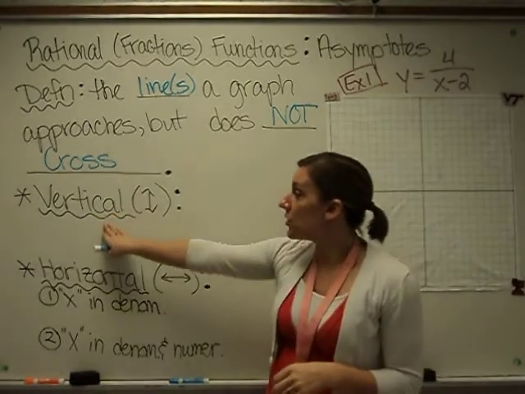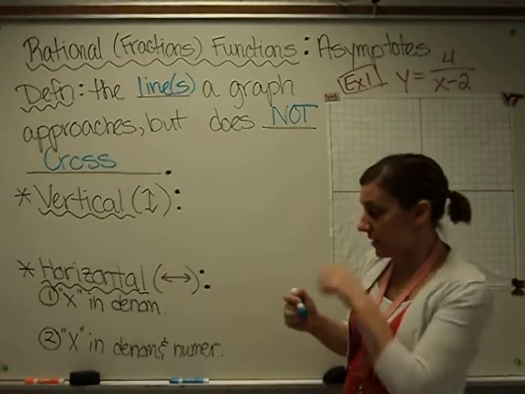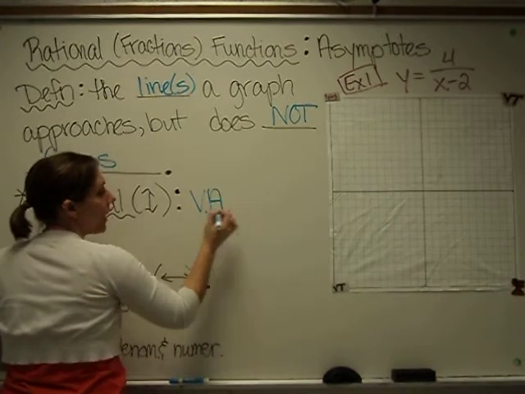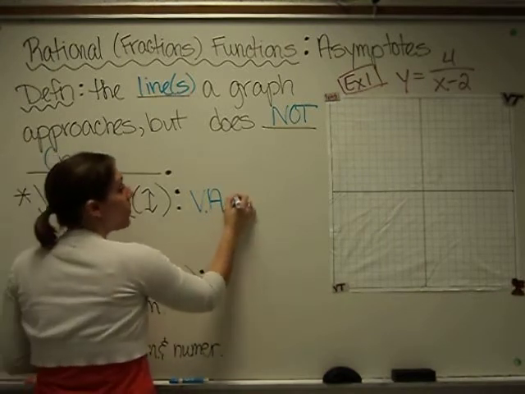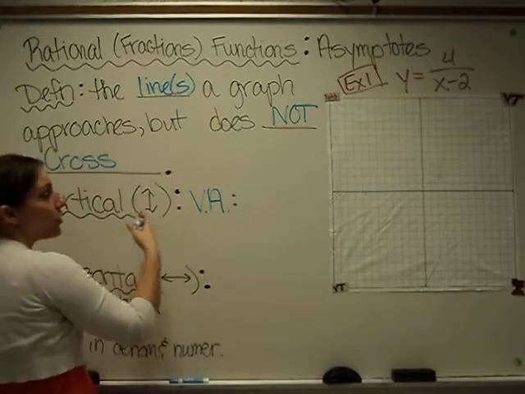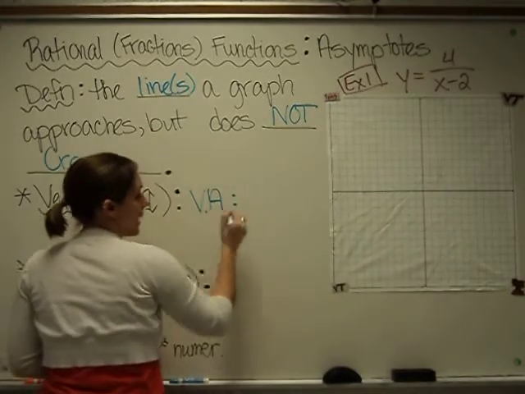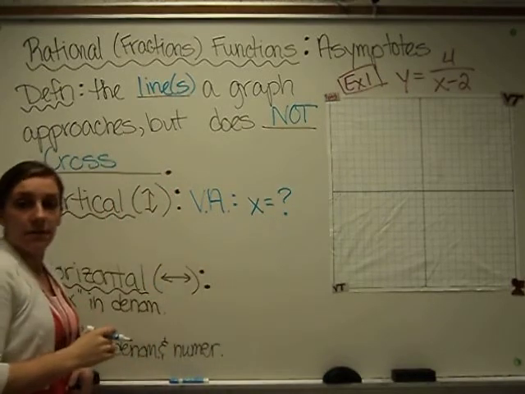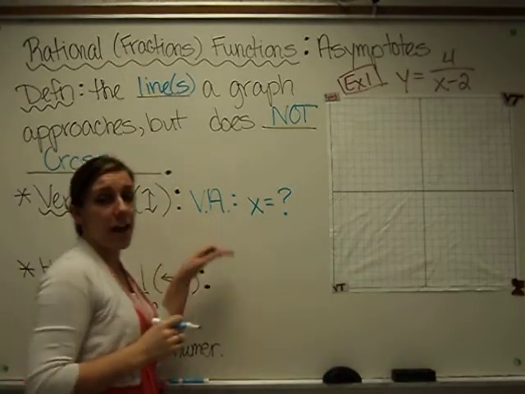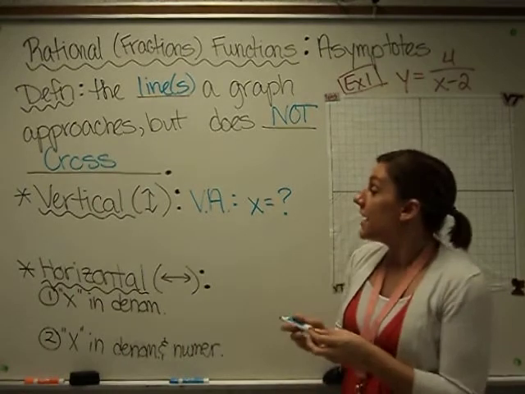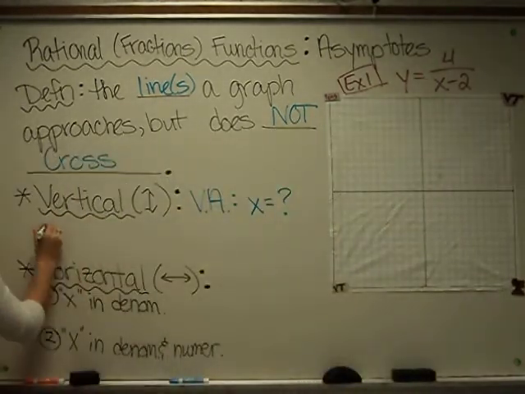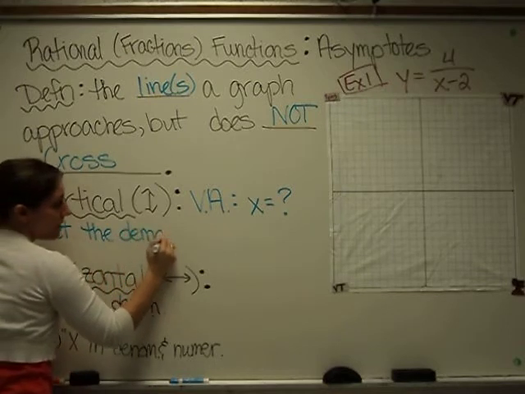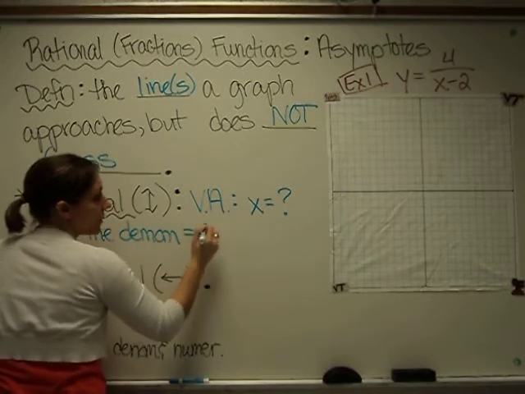So the vertical asymptote, a lot of times we abbreviate it as VA for vertical asymptote. And it's always going to be, since it's vertical, it crosses the x-axis, so it's always going to be x equals a number, okay? And that number that we find is when we set the denominator equal to 0, okay?